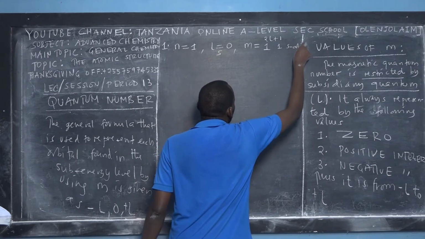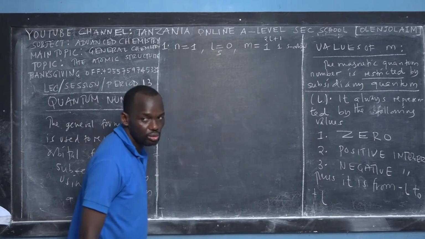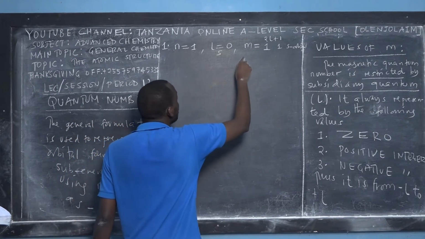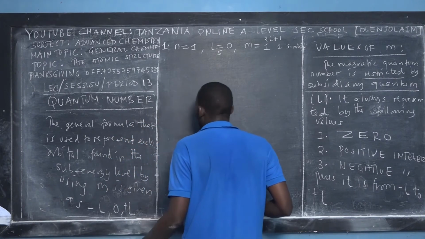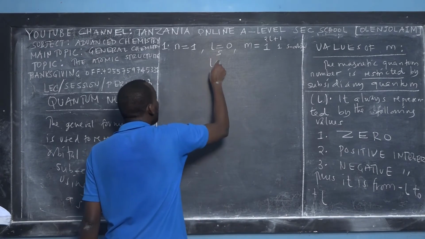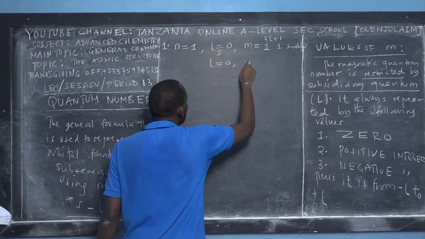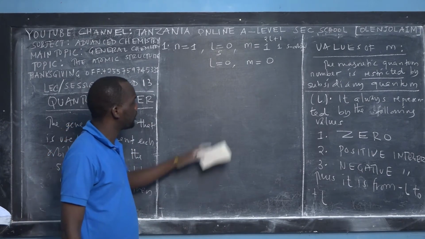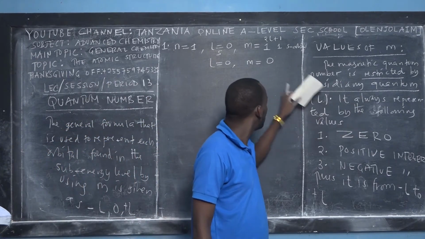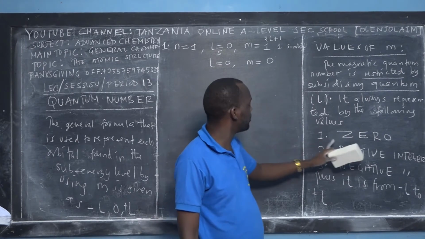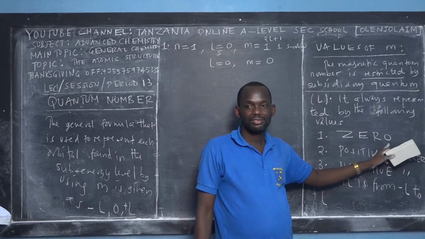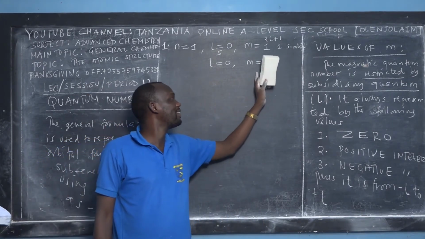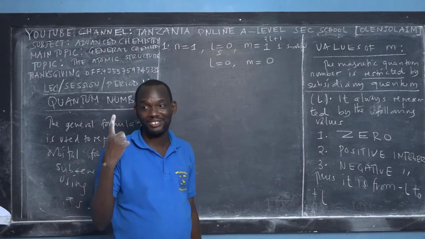So this means that when L is equal to 0, in terms of representation, m is equal to 0. We have represented the magnetic quantum number by using L as a restriction. That's why we say this is one orbital, because the value of the magnetic quantum number is only one value, which is 0.